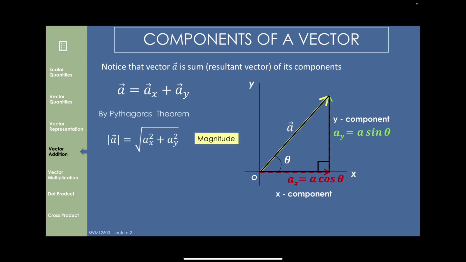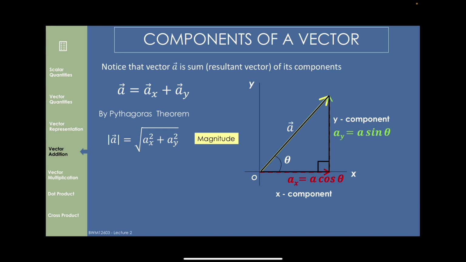By using the Pythagoras theorem, we can find the magnitude of vector A by adding the squares of Ax and Ay, where Ax is the base and Ay is the perpendicular, and taking the square root of that. I hope you are familiar with the Pythagoras theorem. So by using it, we can find the magnitude of vector A.